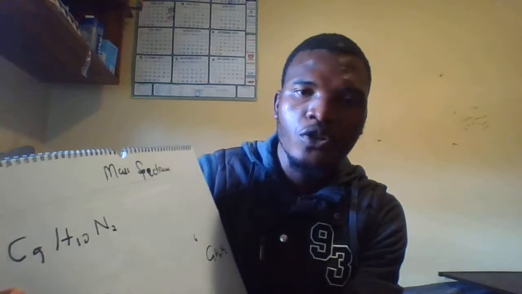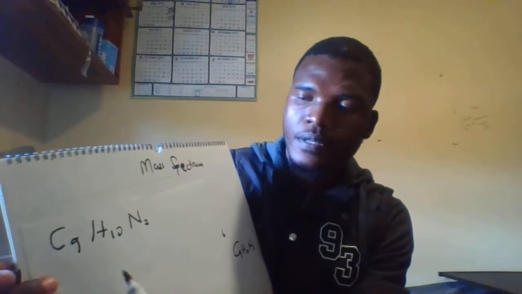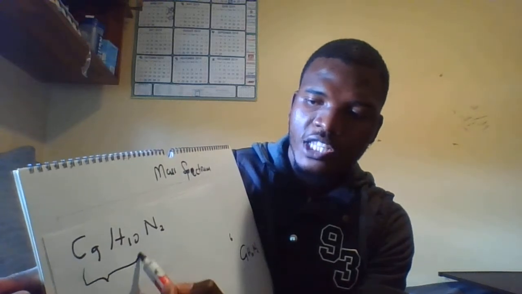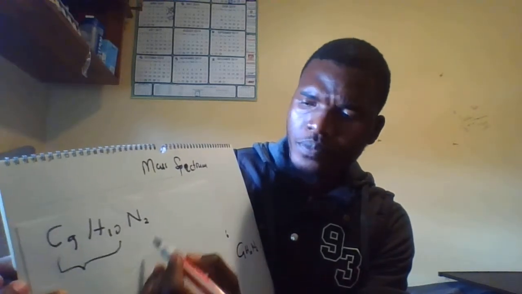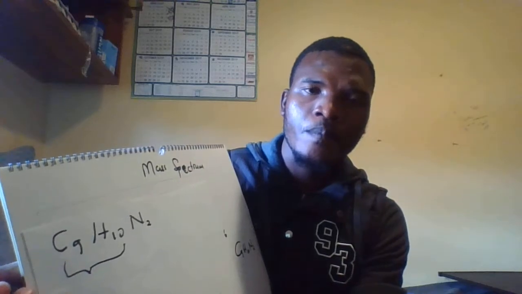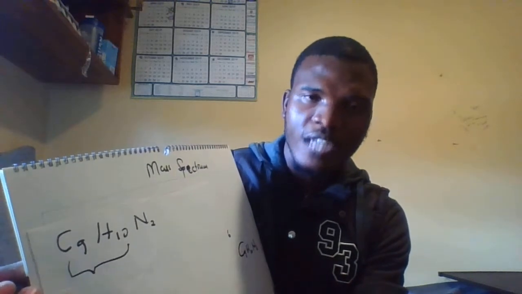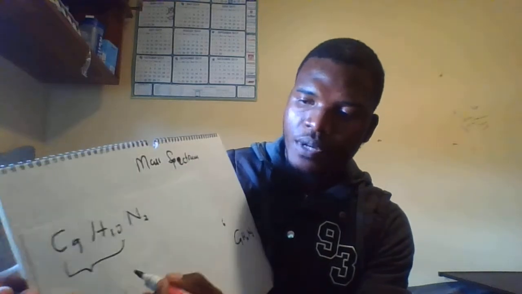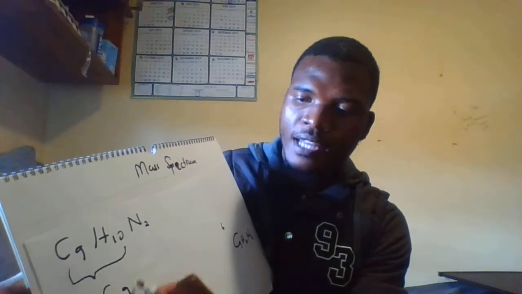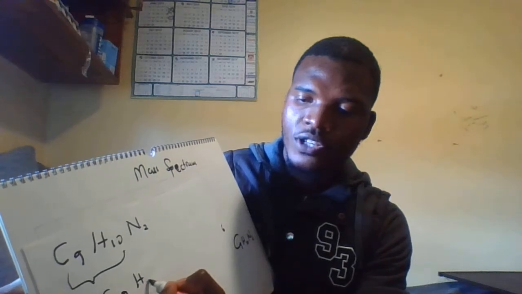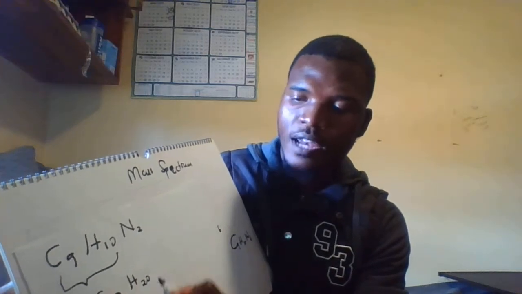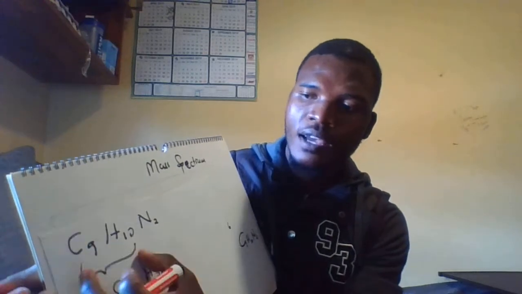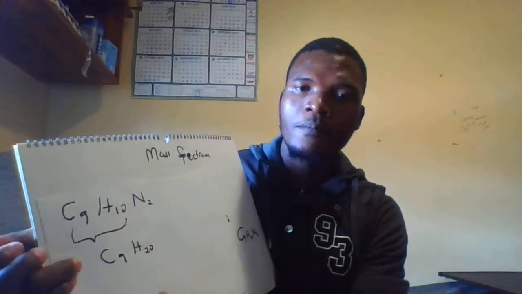How do we interpret this information? Consider the part C9H10. Think of the alkane that has 9 carbons, which is C9H20. We want to compare that alkane with this part of our formula.